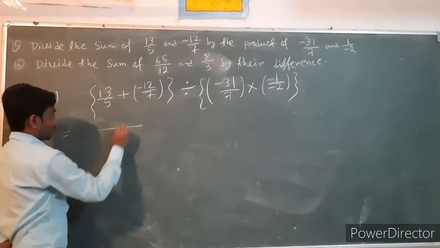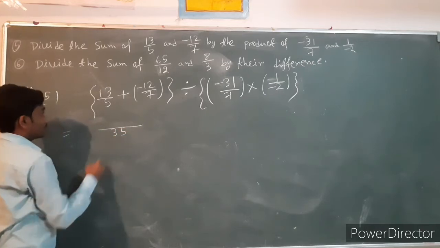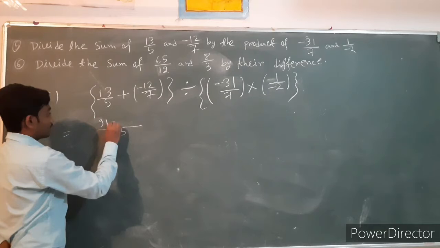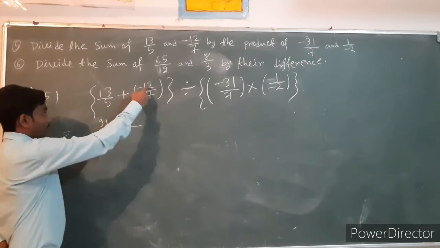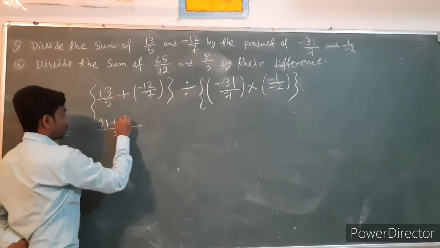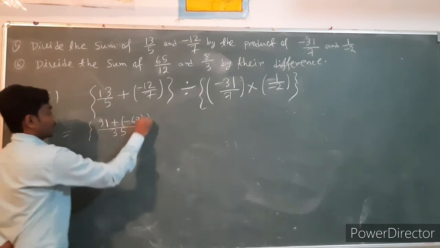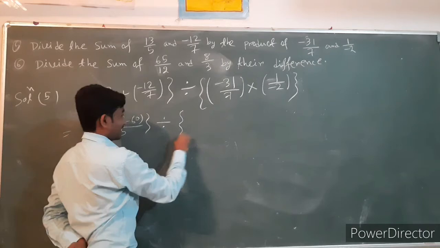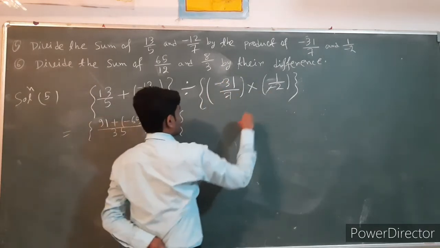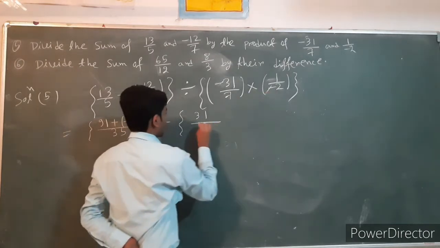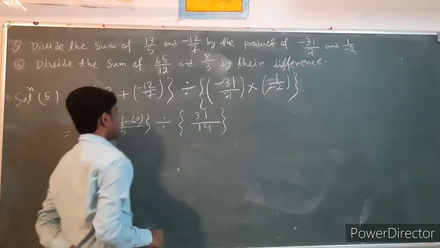LCM of 5 and 7 is 35. So 7 multiplied by 13 is 91, plus 5 multiplied by minus 12, divided by minus 31 upon 7 into 1 upon minus 2, cancel, 31 upon 14.